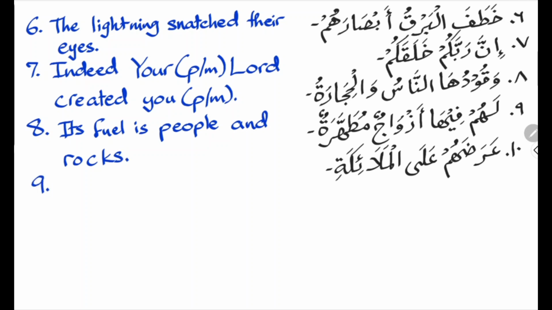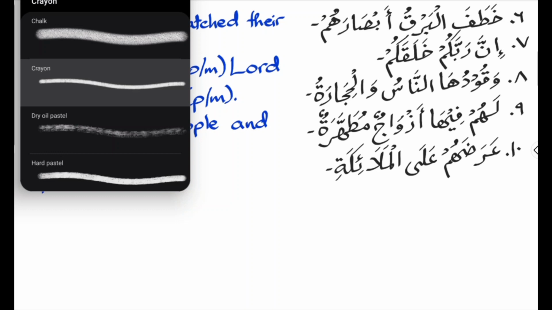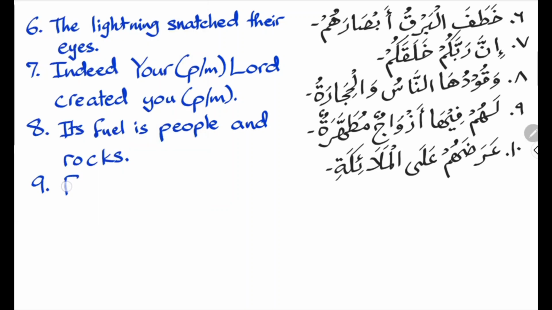Number 9 is talking about Jannah. It says lahum fiha azwajun mutahharatun. La is for, hum is them. So lahum means for them. Fiha, in it, feminine, azwajun mutahharatun. Azwajun is the plural of zawj, which means spouse.